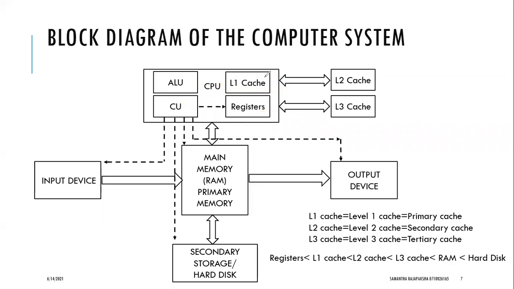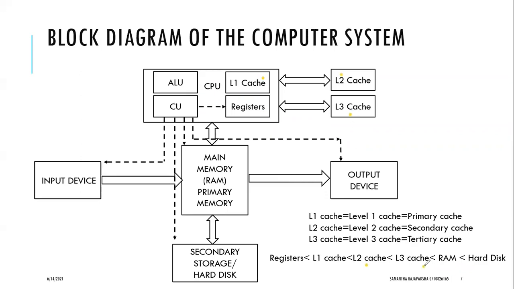So this level 1 cache, remember, is larger than the registers. I have just given these in increasing order. Level 1 cache is normally larger than the registers, but slower than the registers, because registers are the fastest memory. The next fastest is level 1, then level 2, and the next one is level 3.